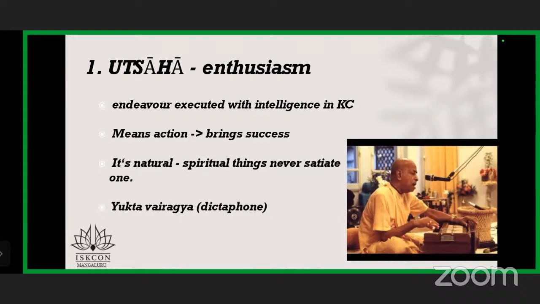But here, although you might lose enthusiasm sometimes, you should at least act enthusiastic. You come to the temple, you might feel very low, I don't want to do anything, but still you act as if you are enthusiastic.